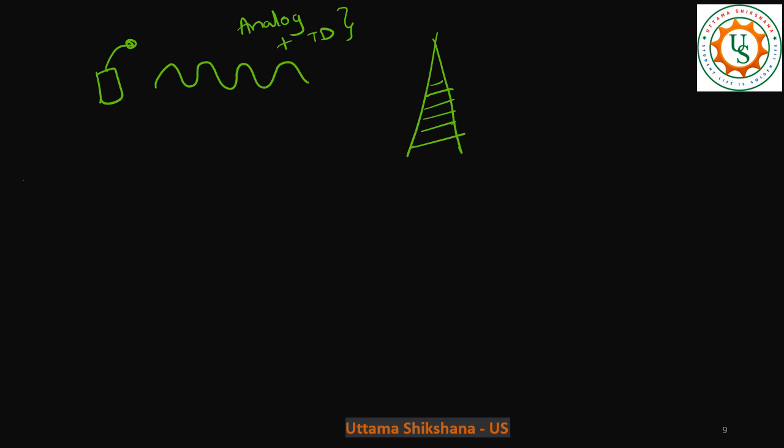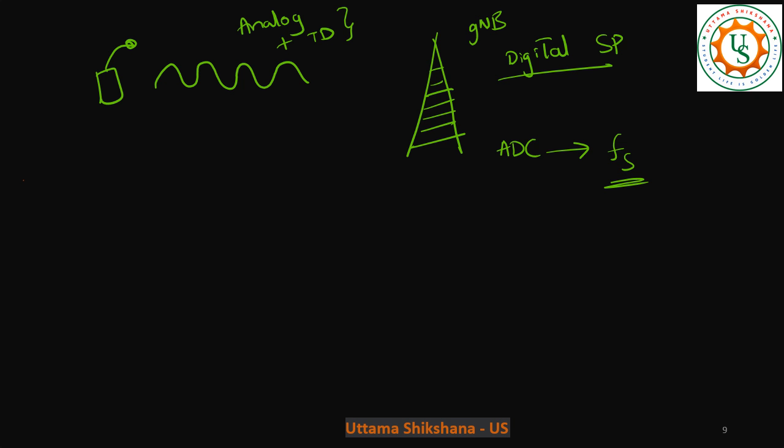But when we do the processing at the G node B, we do it in the digital domain, right? So the analog signal is converted into digital, and we do digital signal processing. We use an analog to digital converter, and as I mentioned, we use the sampling rate of this much.